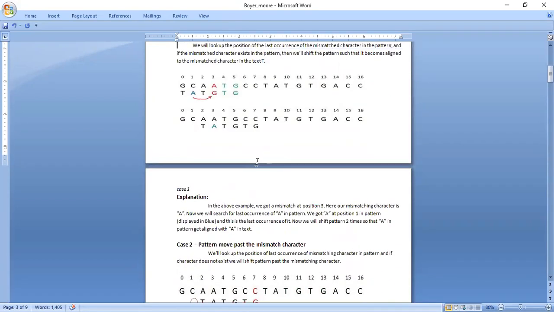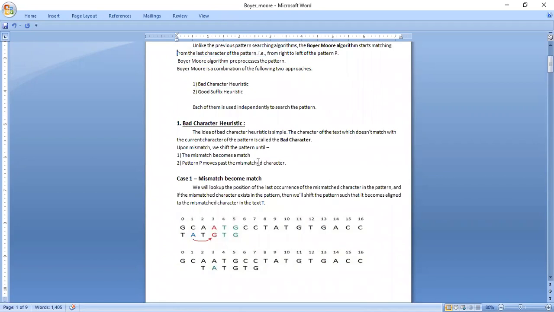So this was the Boyer-Moore algorithm by using the bad character rule. By using this simple bad character rule independently, we can solve the pattern matching problem. What have we done? We found a bad character. We check whether the bad character exists in the pattern or not.